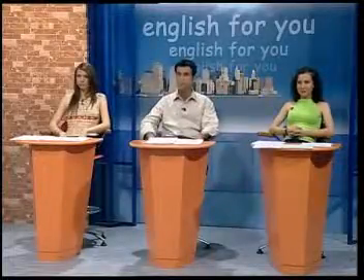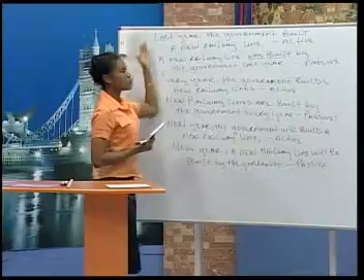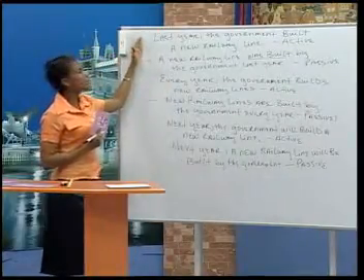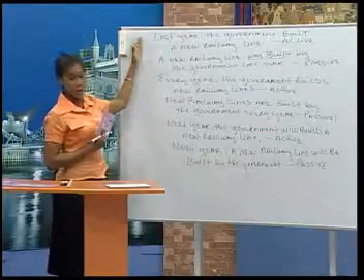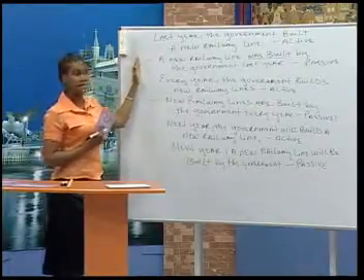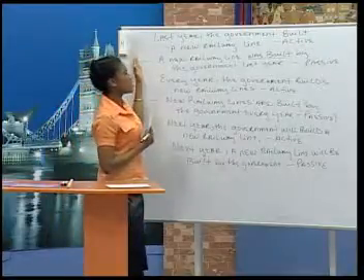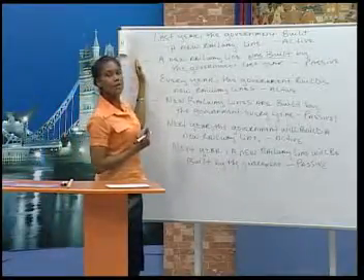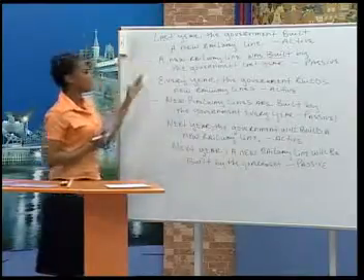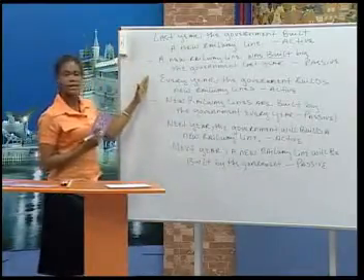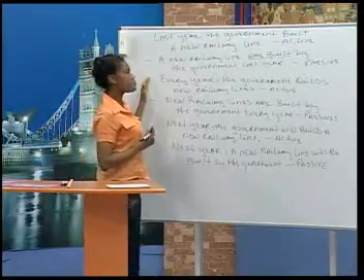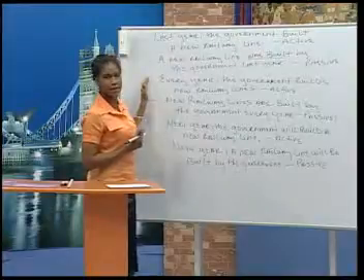Now let's review our work. Our first active sentence: last year, the government built a new railway line, in the past tense. Now we're changing it to a passive and it becomes a new railway line was built by the government last year. Our next active sentence, in the present tense: every year the government builds new railway lines.